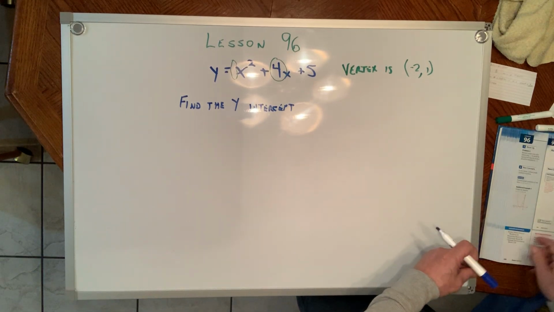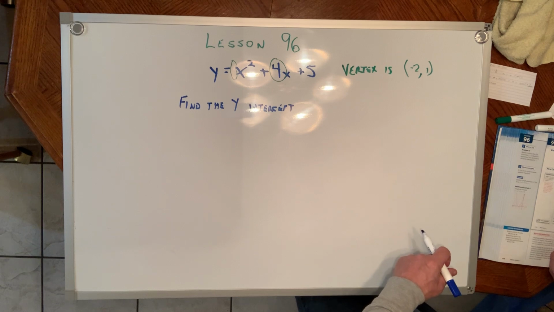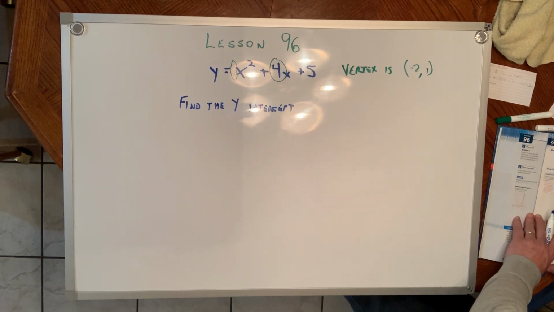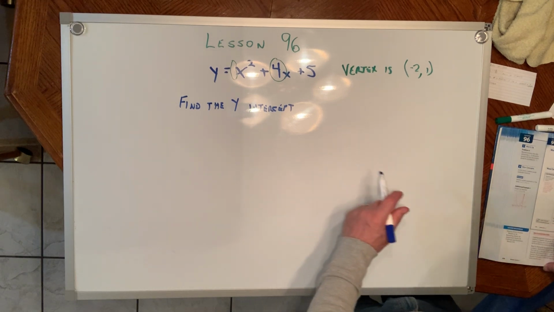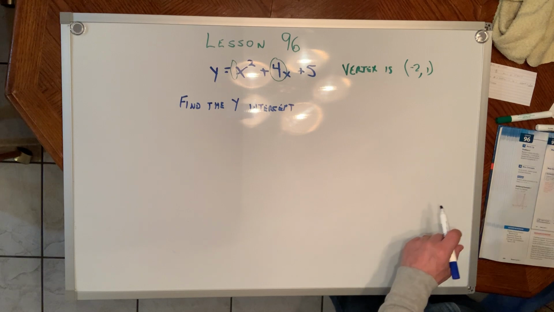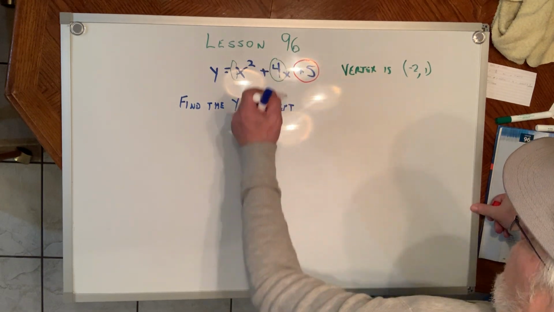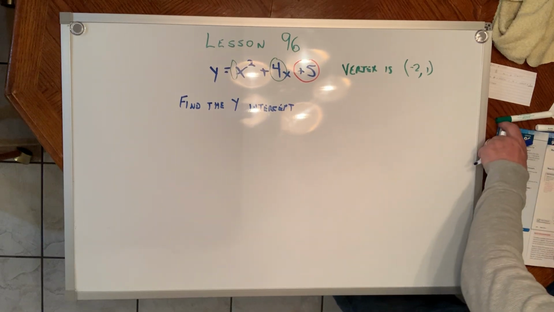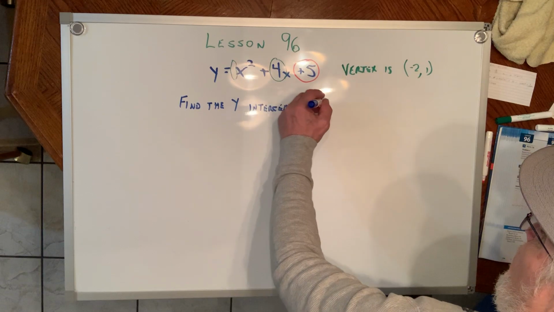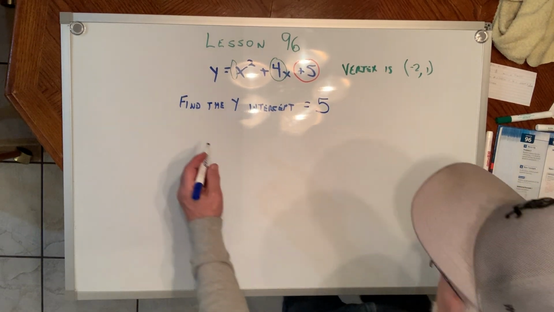Okay? In order to do that, if we look at this equation, it's not that tough to do, because if you remember going back a couple of lessons ago, the y-intercept is just simply right there. So the y-intercept in this equation is equal to 5. All right? Piece of cake.